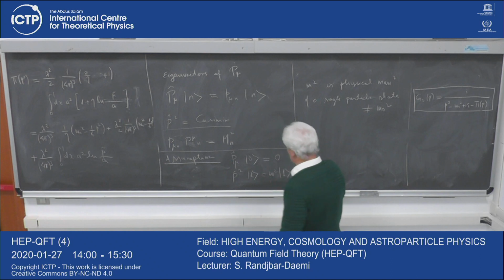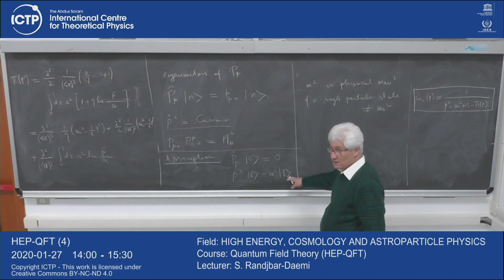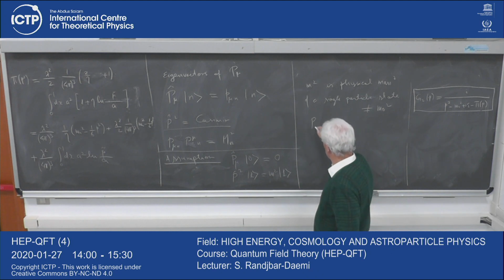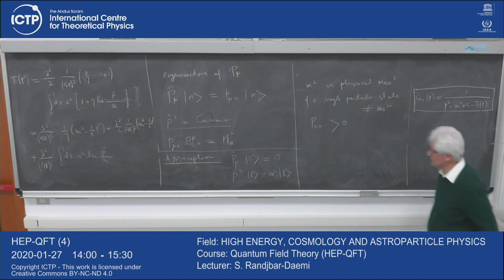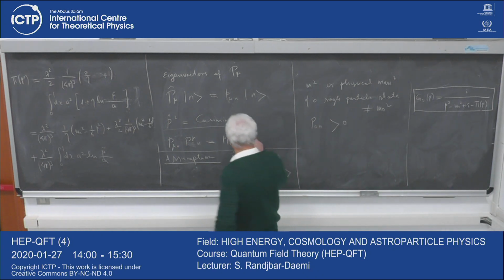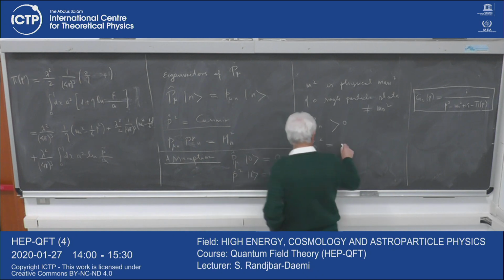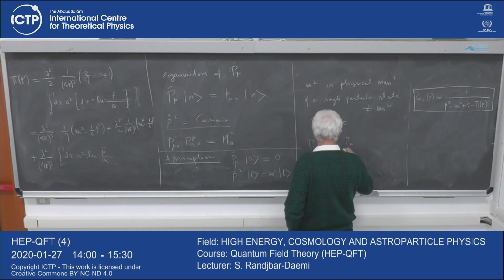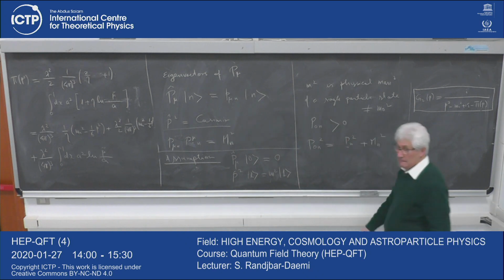And then there's another assumption. In order for these eigenvectors to be physical, we assume that the time component of these vectors is positive. So the time component, because of this, is related to the space component plus m_n squared.